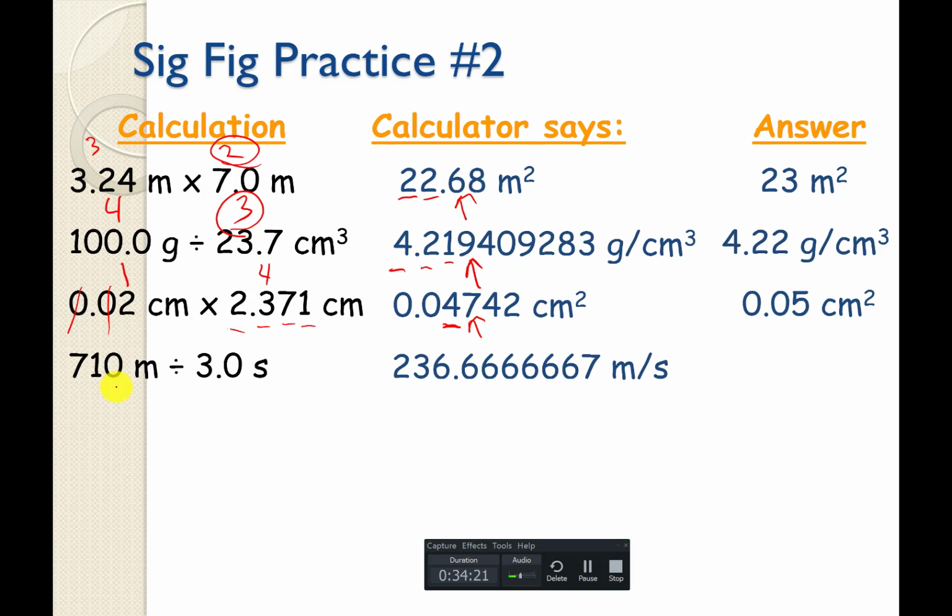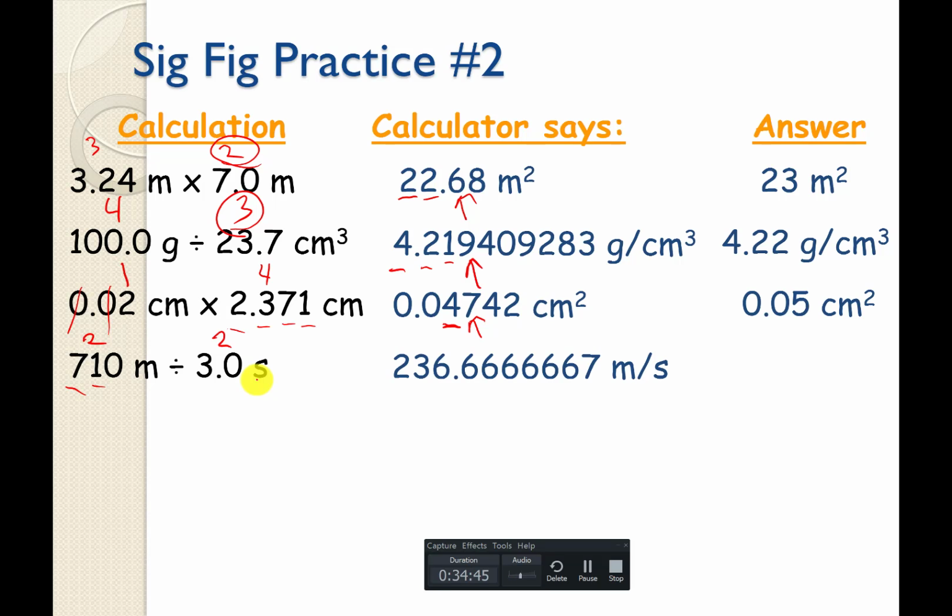All right, we only have 2 significant figures, because remember, trailing zeros are only significant if there is a decimal place. So this one has 2 significant figures. This one also has 2 significant figures. This one has a trailing 0, but it also has a decimal point. Therefore, that trailing 0 counts as a significant figure. Each of them has 2 significant figures.